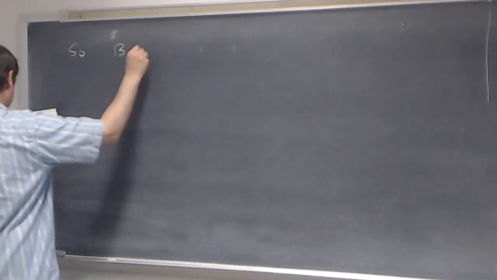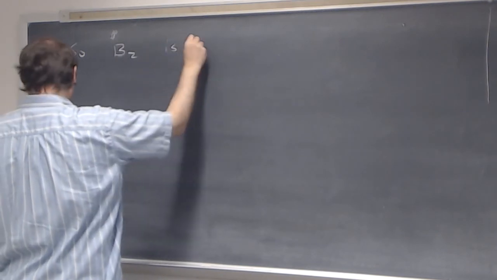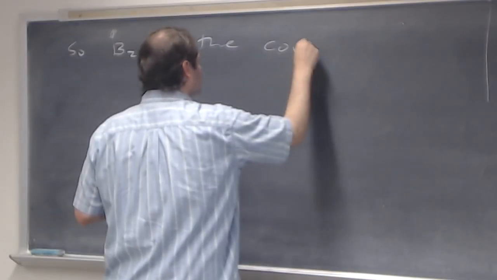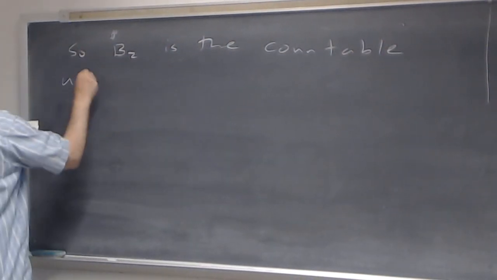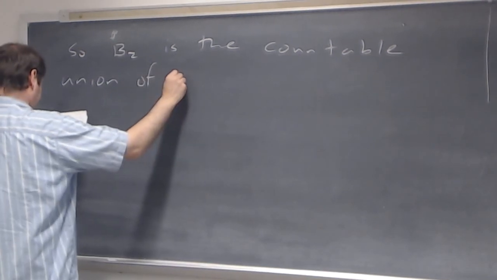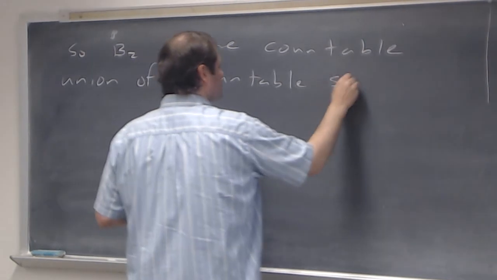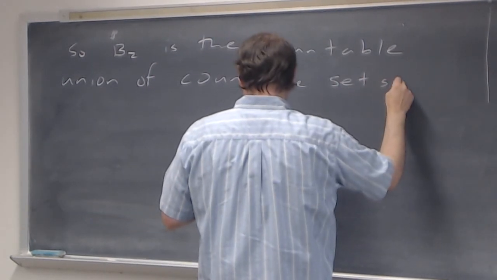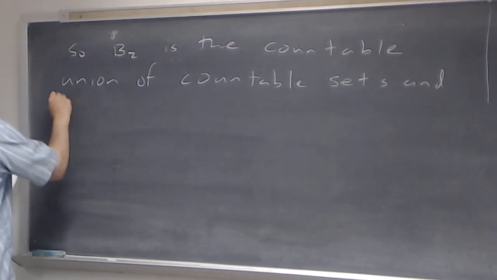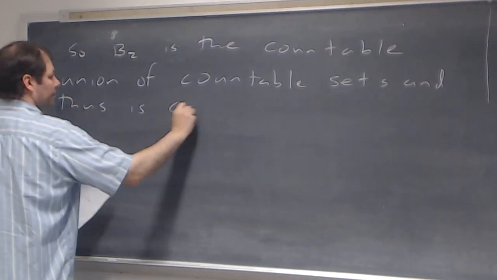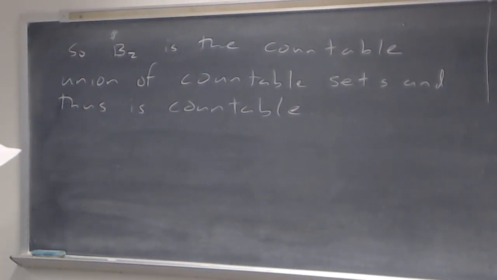I said that B2 is the countable union of countable sets, and thus is countable. Okay, so we got that B2 is countable.